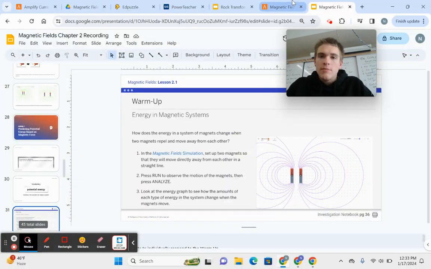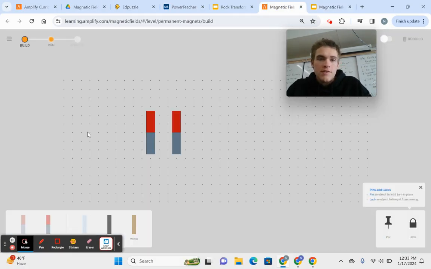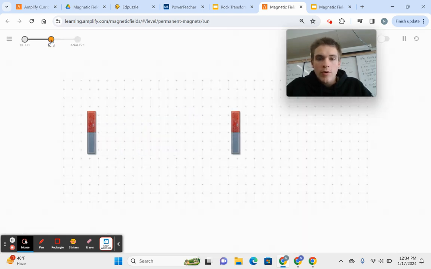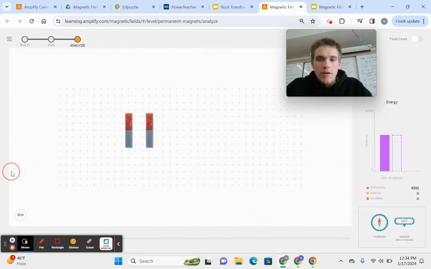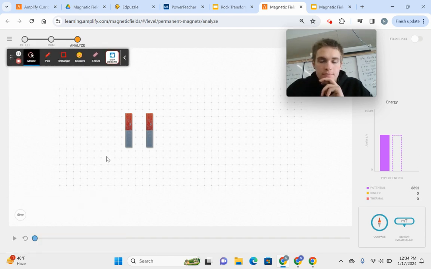When I go to my simulation, I want you to observe what happens. When I have two magnets that are very strong placed together with similar poles, they are going to repel away from each other. When I analyze what happened, I want you to look over here at the potential energy, which is in purple, and observe what happens.